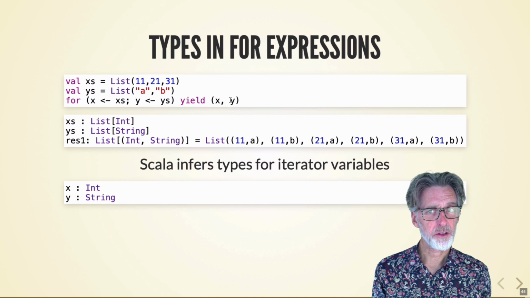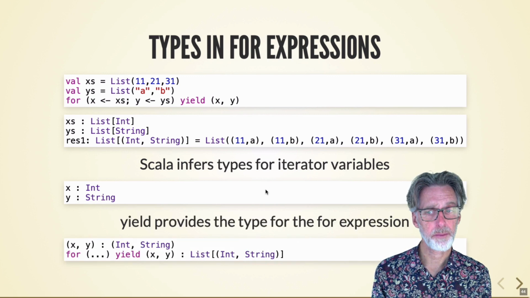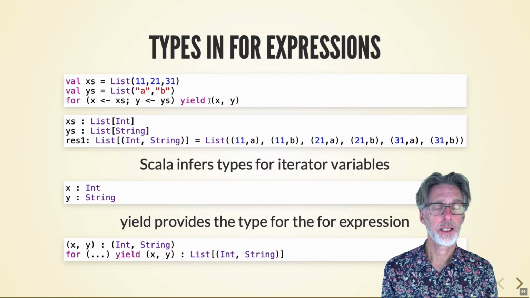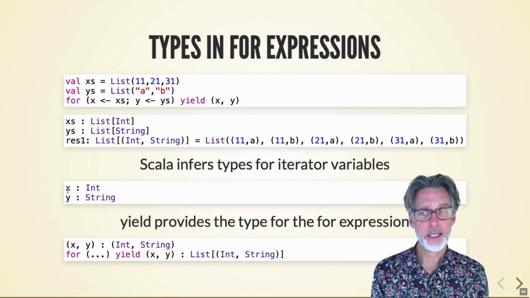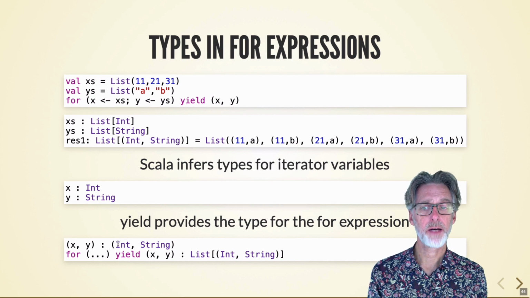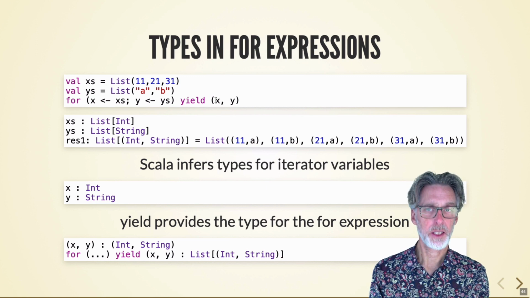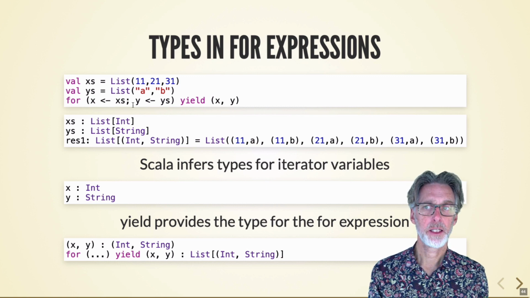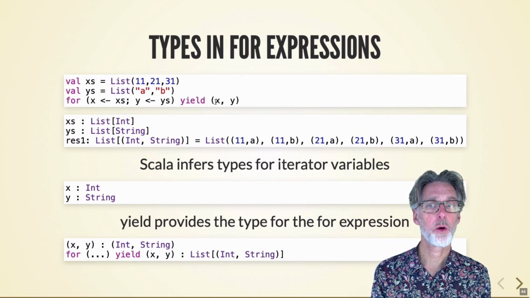If there's a yield, then it will use the yield to give the result type. In this case, the yield is resulting in a pair. Given that x is an int and y is a string, then that pair will have type int string. So whatever type this yield expression has, the entire for will have the type of list of that type, because this is yielding one element.